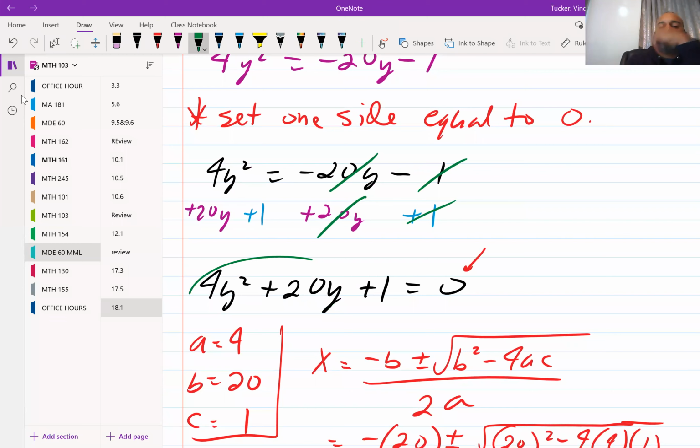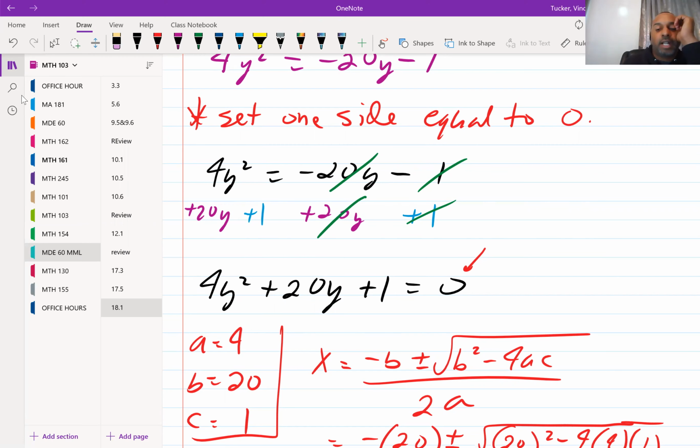So now that we're here, we have one side set equal to 0, and we're out of fractions. We completely removed our fractions. We can go ahead and pick out A, B, and C. A would be 4, that's in front of your squared term. B will be 20, that's in front of your linear term, the one that's just y, or x or whatever.